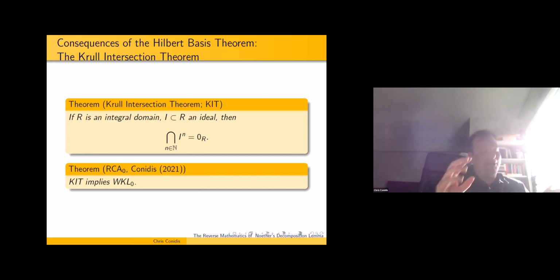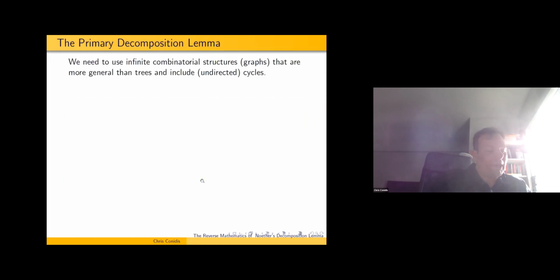In this different project, I was able to show that the Krull intersection theorem implies weak Koenig's lemma. That's an aside for now, but I'm going to bring it up again on this slide. So keep in mind that the Krull intersection theorem implies weak Koenig's lemma.